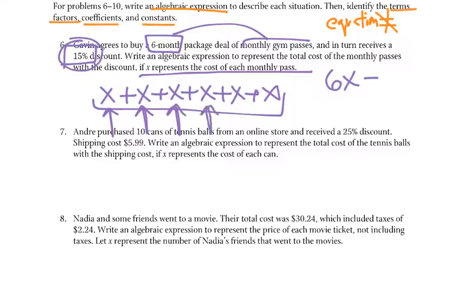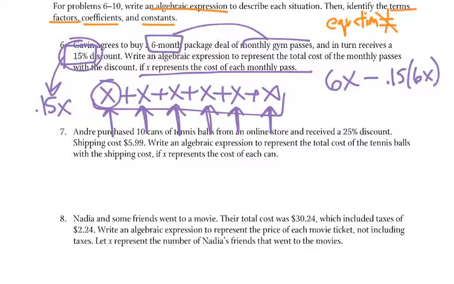Okay? Well, how would we find that discount? Well, whenever you take a discount, you take that total cost and then you would multiply it by the percent in decimal form. So you go 0.15 times x. Okay, now we're going to do that 6 times, right? So we'd essentially say, 0.15 times 6x.